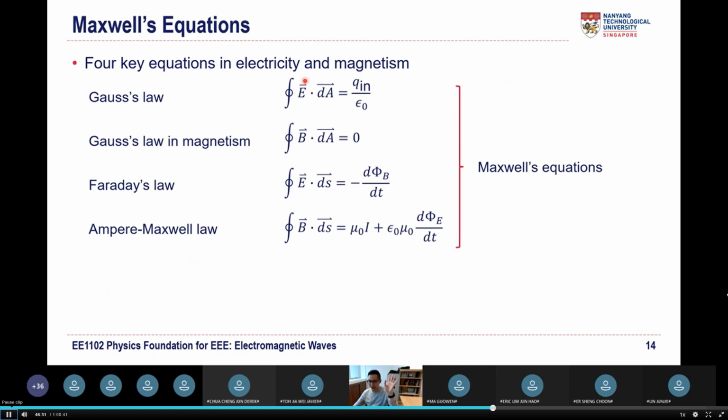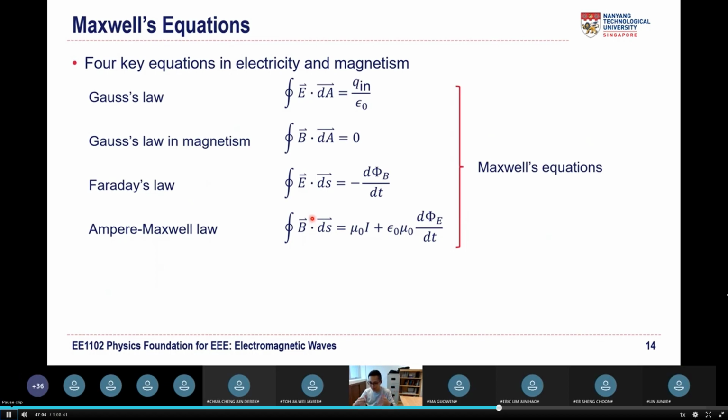Initially, people thought electricity and magnetism were 2 different effects. But through Faraday's law and Ampere-Maxwell's law, we know that they are linked together, because changing magnetic flux leads to electric field, and changing electric flux leads to magnetic field.